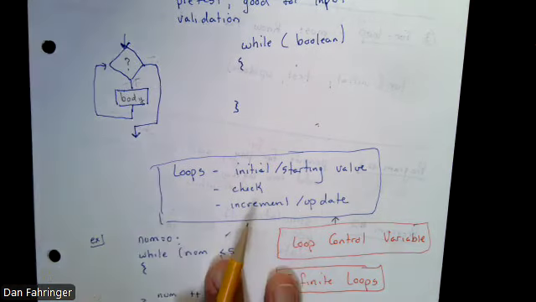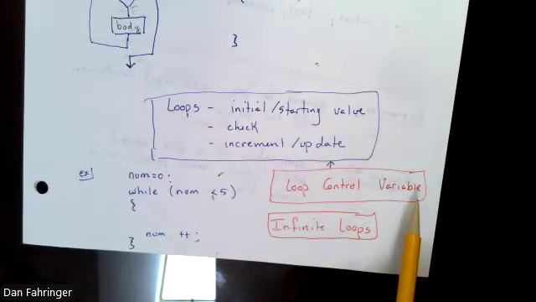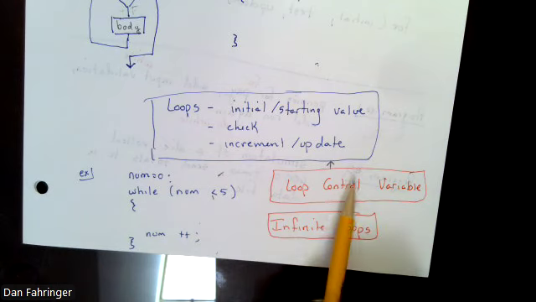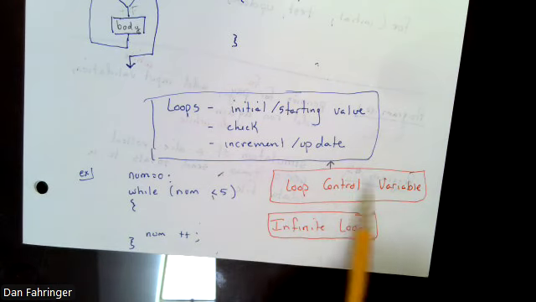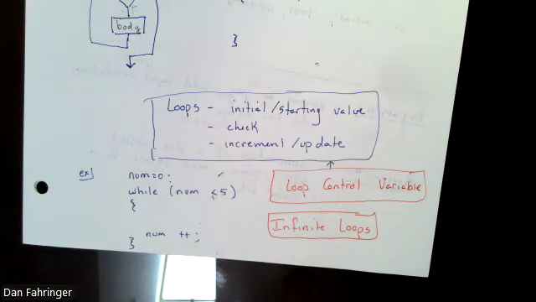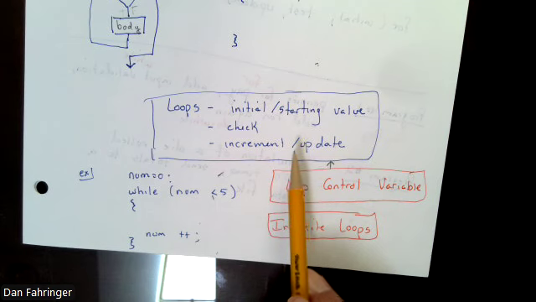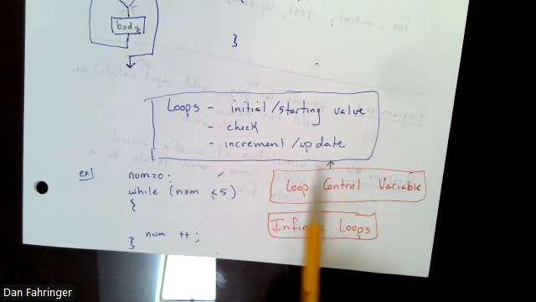What's really important in our loop is the variable that controls the loop. It's like the factors that are common, and we want the greatest, we call it the greatest common factor. We call this the loop control variable.